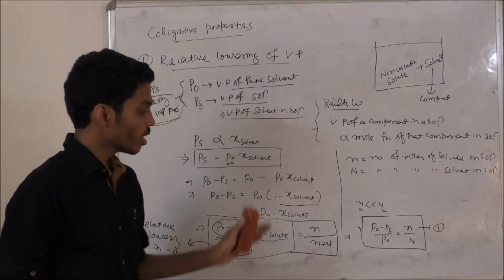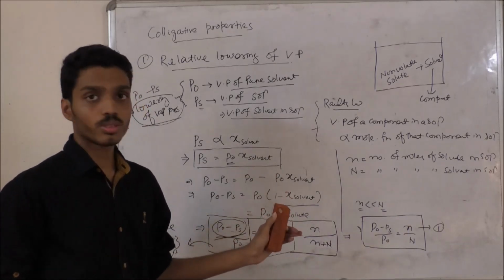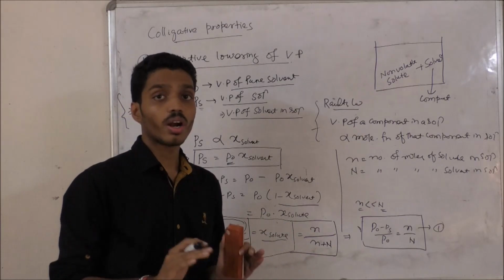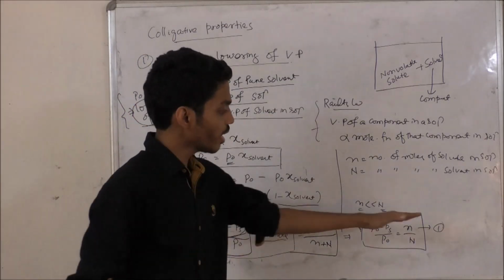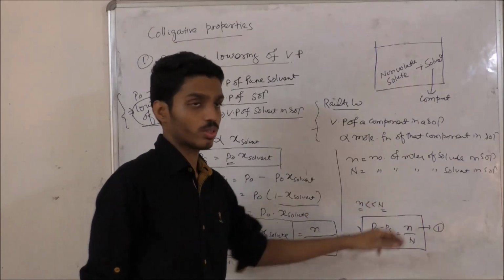Okay, but if I say this is not 100% correct, I mean you will get the answer, but it is not 100% correct. So let us deduce an equation that is 100% correct from this equation.